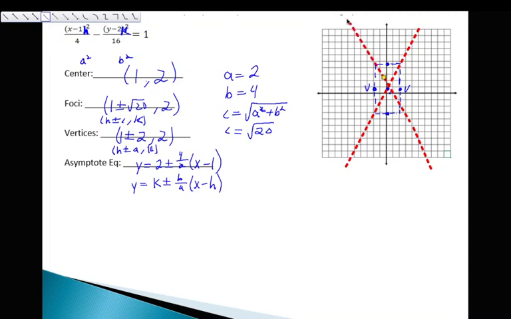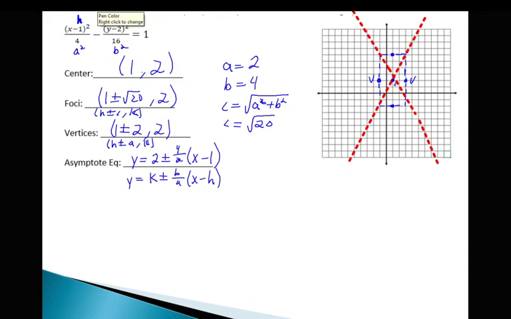There. From there to there. So these are my asymptotes. Now you could have, if you wanted to, just used the slope. Since my slope is 4 over 2, which is 2, I could have gone up 2 over 1, up 2 over 1, up 2 over 1, and drawn all these points. But it's easier just to use that box to create those asymptotes.